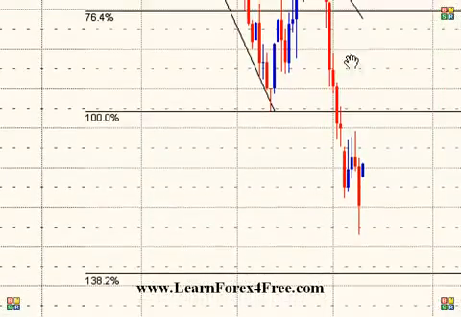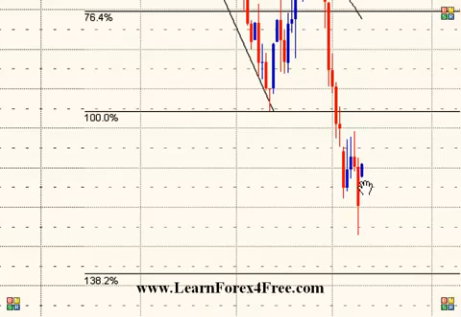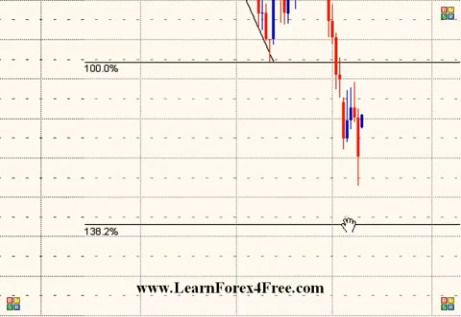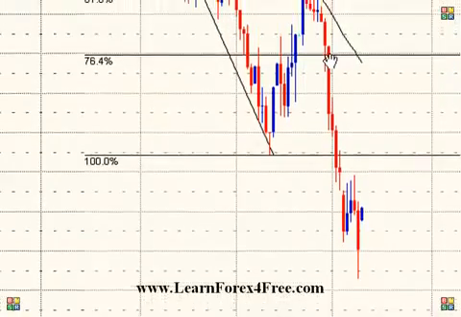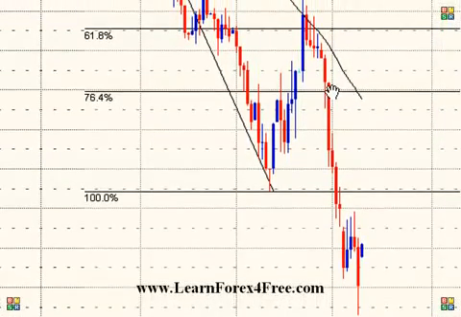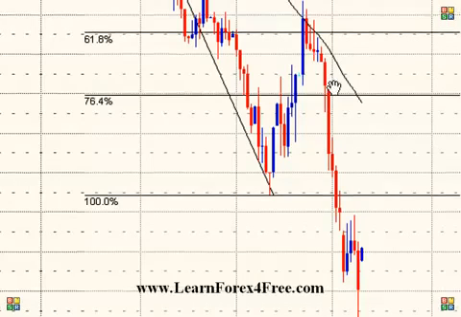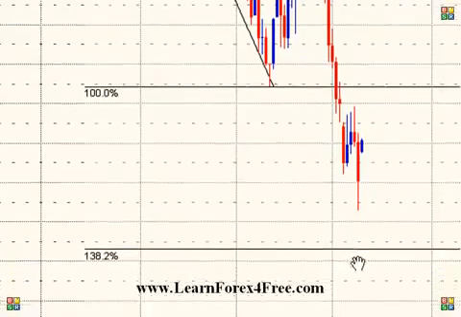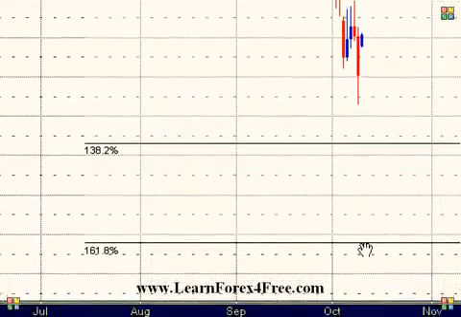There is a likelihood that the candles can go all the way to the 138% level, so we had a profit potential to go all the way from here, which is in essence 32%, to all the way down here or here.